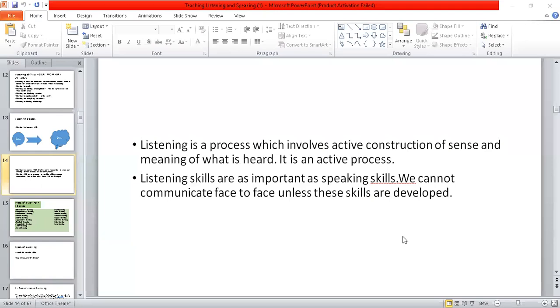You communicate face to face. So to communicate face to face, what should we have? Listening and speaking, both. Can we communicate if we don't have both? No, we won't be able to, right? Because if you don't hear, then you won't be able to say what you want to say, right?